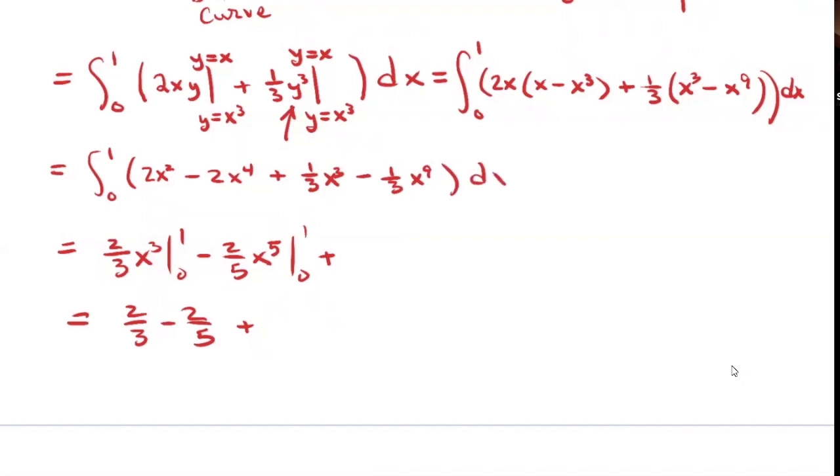There's a dx there. Now I think we can fix the next line, which will have a 1/12 x to the 4th minus, no, this will be 1/30 x to the 10th. And then both of those go from 0 to 1.